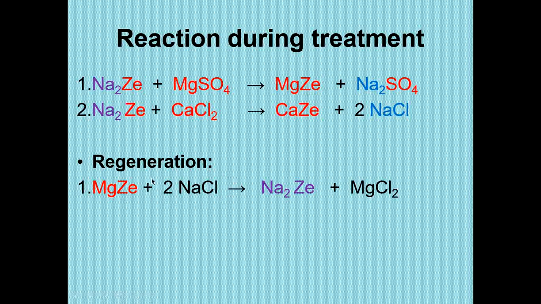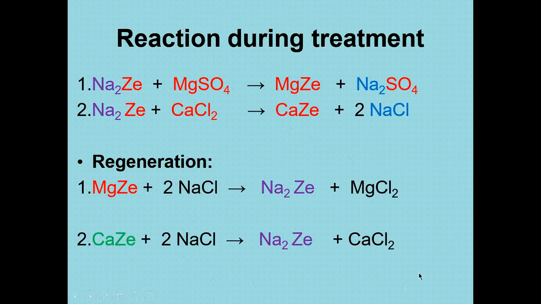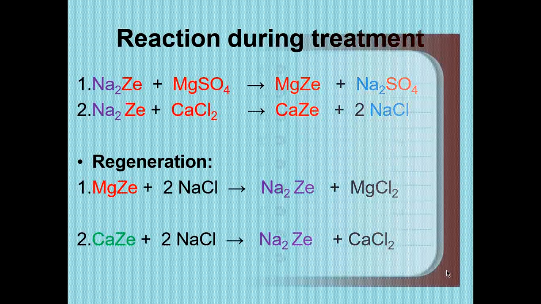So what we have to give is the washing of NaCl, that is brine. Ultimately we get Na2Ze, that is our zeolite bed, and MgCl2 comes out from that. So we can regenerate our sodium zeolite by just giving a washing of NaCl. Similarly, this reaction is useful for the second product also.